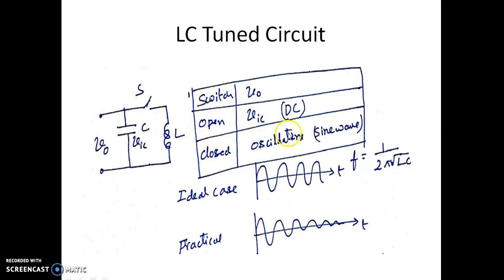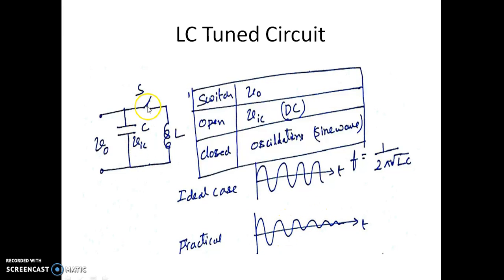When the switch is closed, we end up with sinusoidal oscillation at a frequency decided by the values of L and C. But practically, because these two are not ideal, they dissipate power. So practically we end up with oscillations dying out as time elapses.